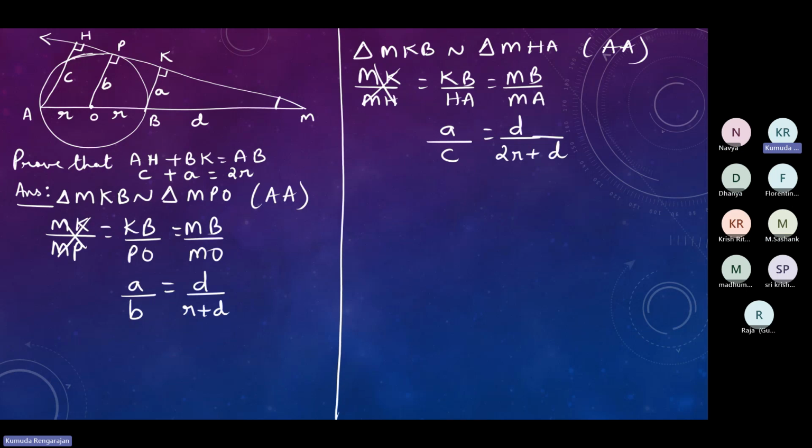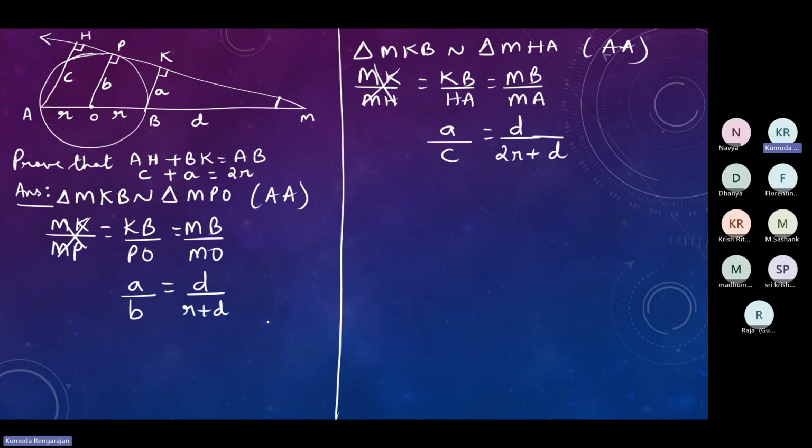So in the result, AH is C, BK is A and AB is 2R. So this is what we have to prove: C plus A is equal to 2R. So you need only C, A and R.